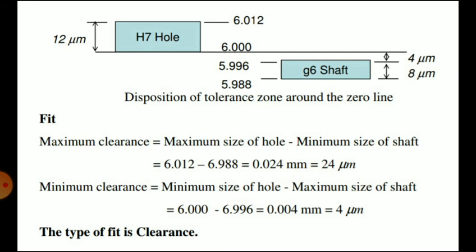So 1 micron equal to 0.001 mm. So the upper limit of the hole you can calculate, lower limit plus tolerance, that is 6 plus 0.012, so it is 6.012. You can see both the limits for the hole shown.